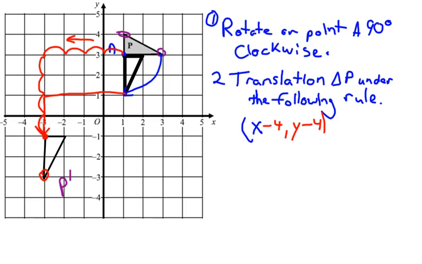And develop a plan. How do I go from here to here? What can I do first? And again, the tip I can offer you is I tend to like to get it to look like the image first, and then I'll translate it if I need to. Versus if I translate it first and then rotate it, I may make a mistake.